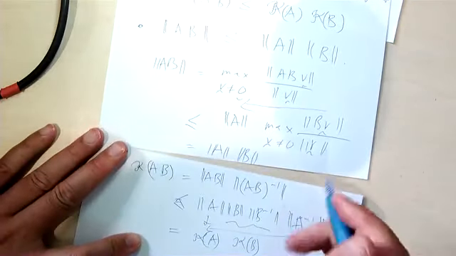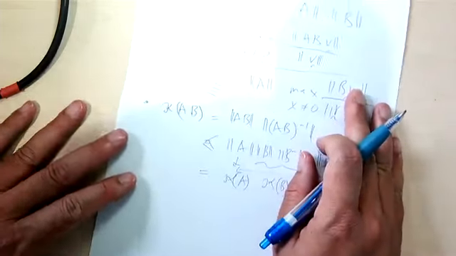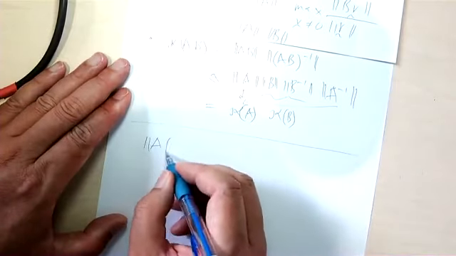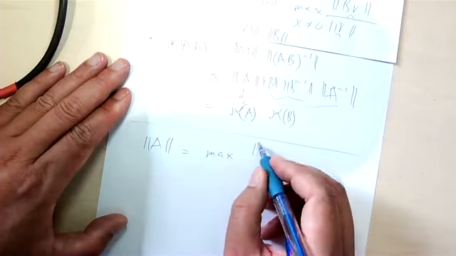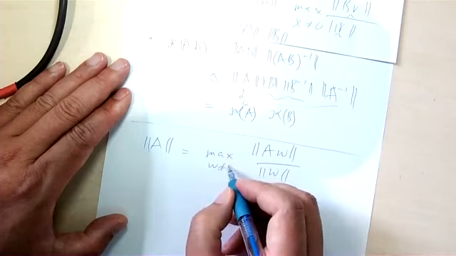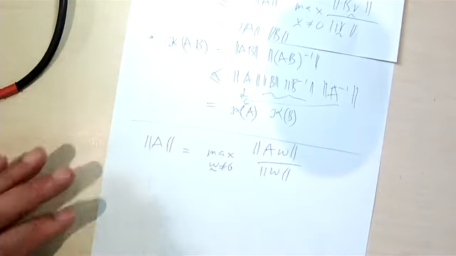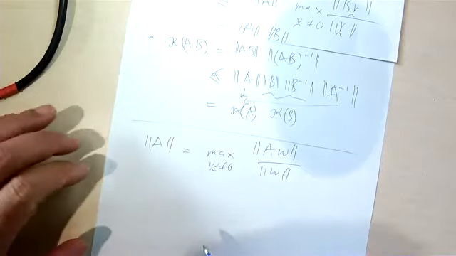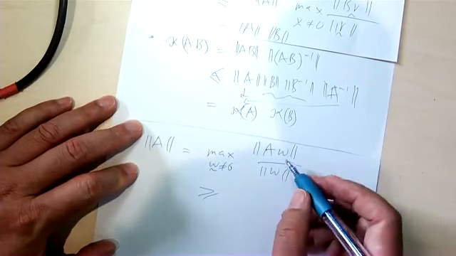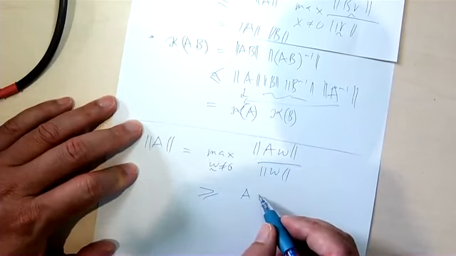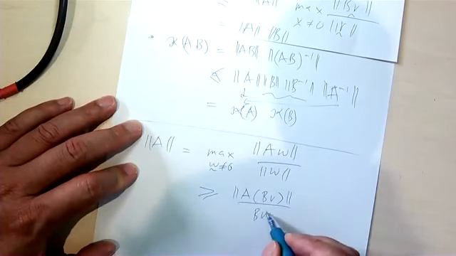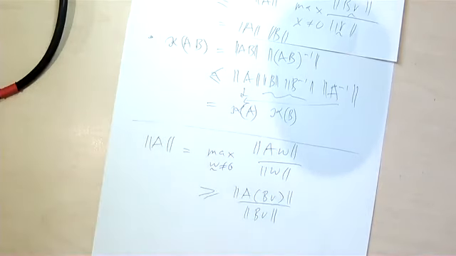So now remember that the norm of A is given by the max of the norm of AW over the norm of W, right? W is non-zero, yeah? Okay? And because it's maximum over all the vectors, so in particular, if I choose W to be BV, then the norm of A is bigger than or equal to the norm of ABV over the norm of BV. Okay, agree? Yeah?